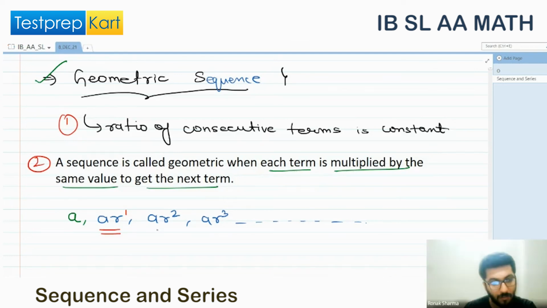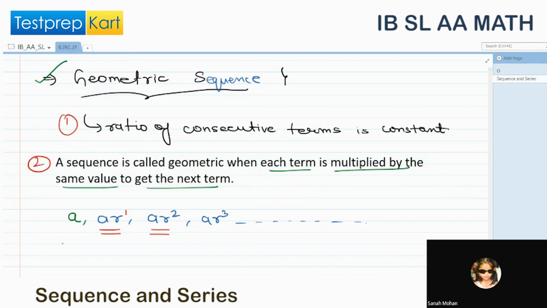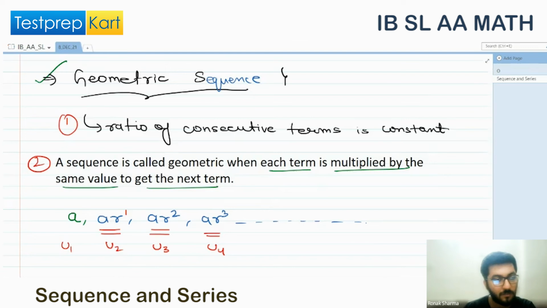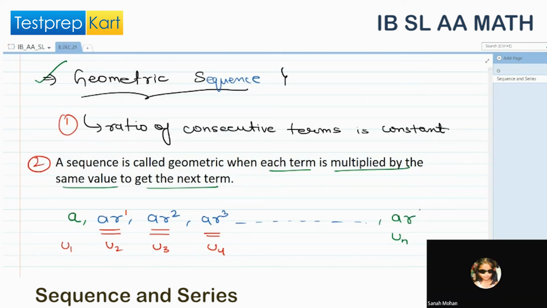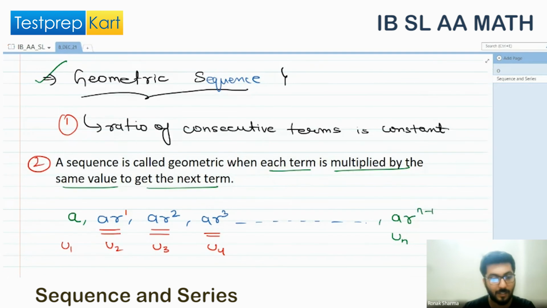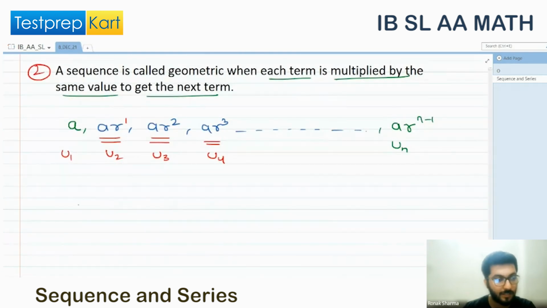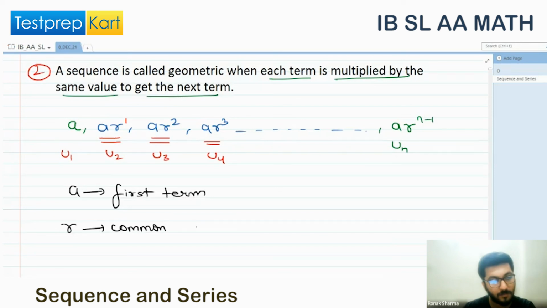What is the power of R in the third term? 2. What is the power of R in U4? 3. So what will be the power of R in the nth term? n minus 1. Yes, exactly. Good. So here A is said to be the first term, R is said to be the common ratio with which you are multiplying, and Un is given by A into R power n minus 1.